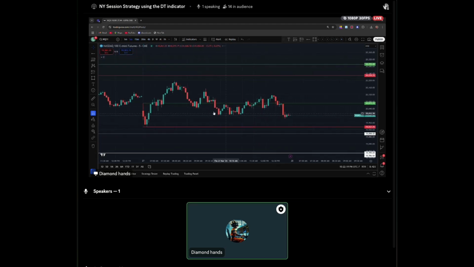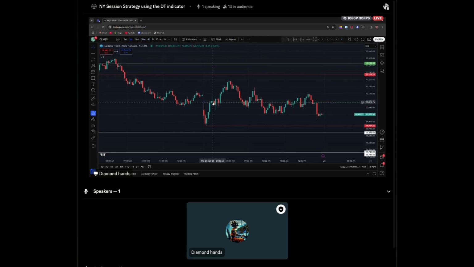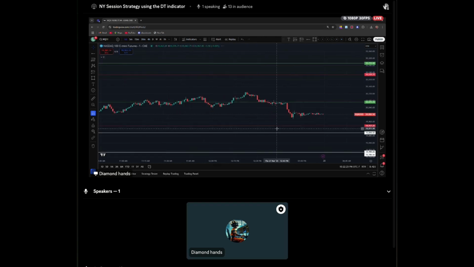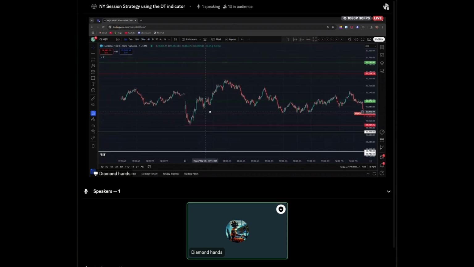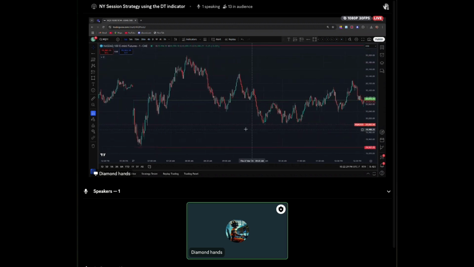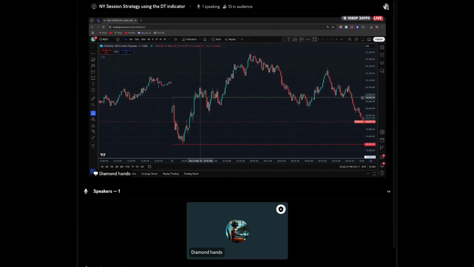So in this case, if you go on the 5 minute, you can see. Or if you go on the 1 minute, same thing. At the bottom of the range, no, you can do half of the range actually if you want a nice tight stop. And I'm going to show you guys right now what that looks like.